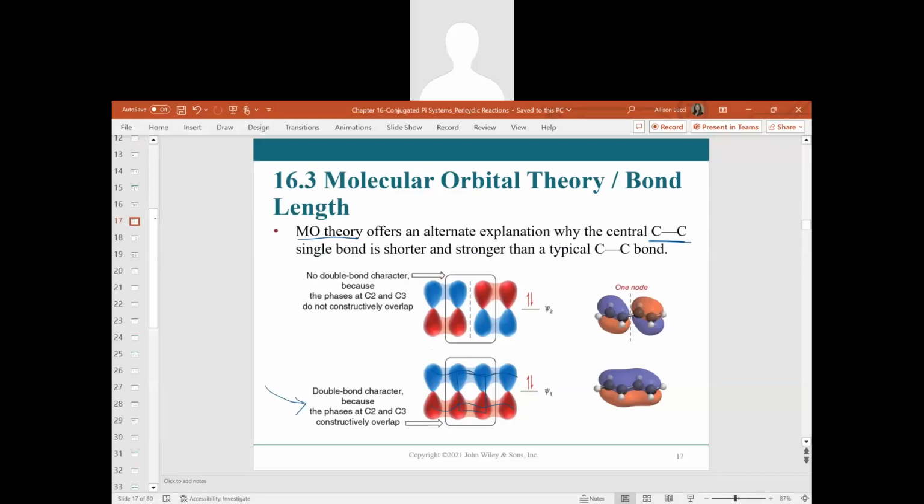So that can explain, instead of the hybridization being sp2 versus sp3, as we saw previously, this is now saying that this bond actually has a double bond character, and that's what makes it shorter.